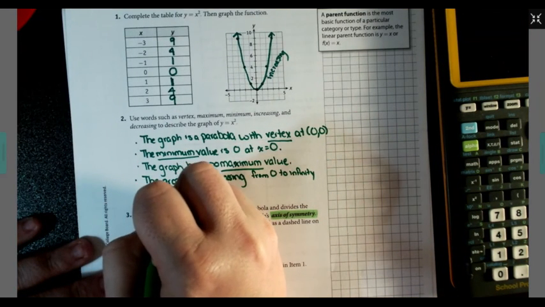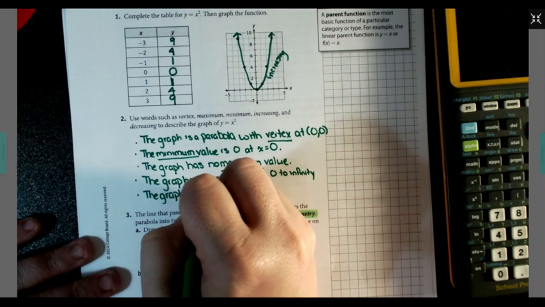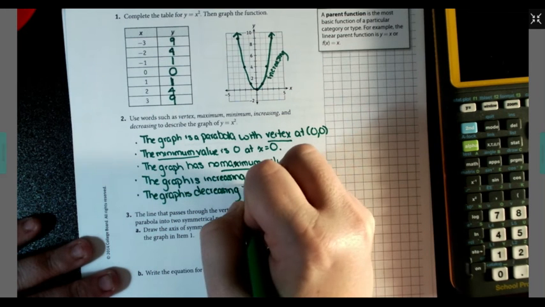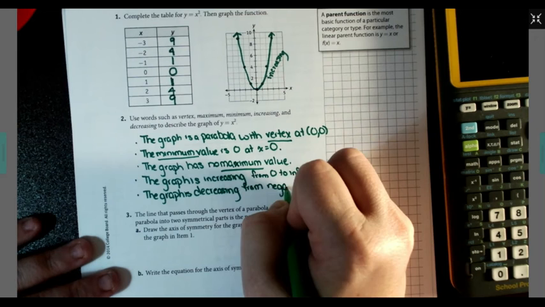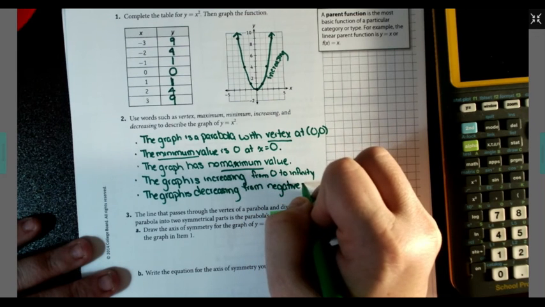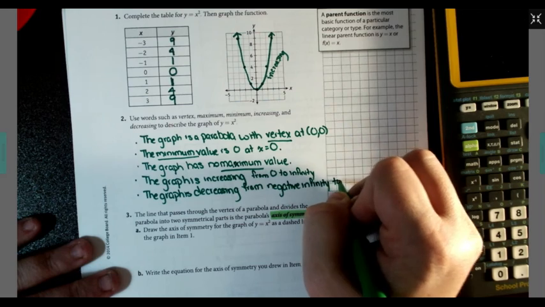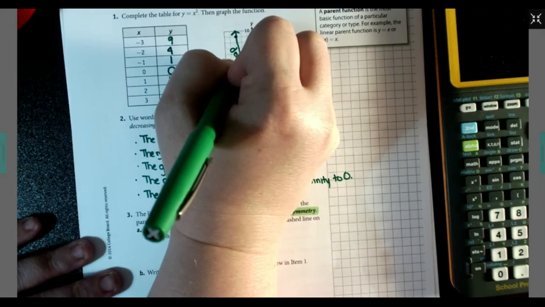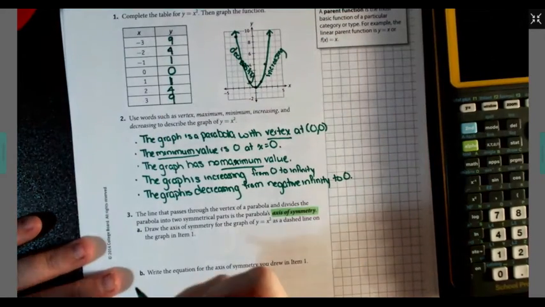The graph is decreasing from negative infinity to 0. Because it's decreasing on this side.